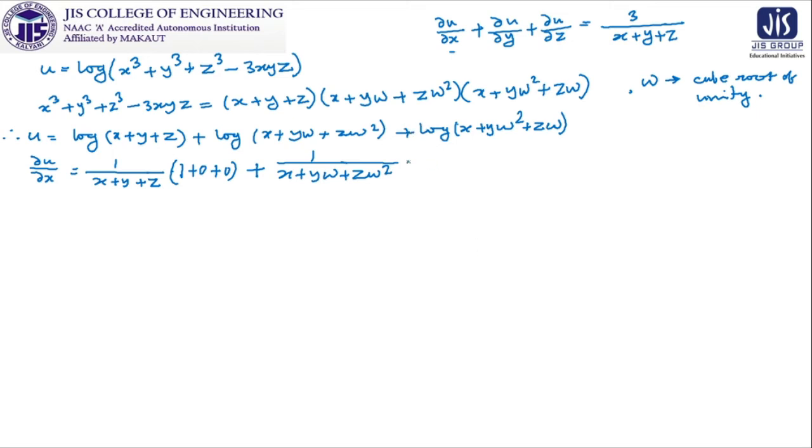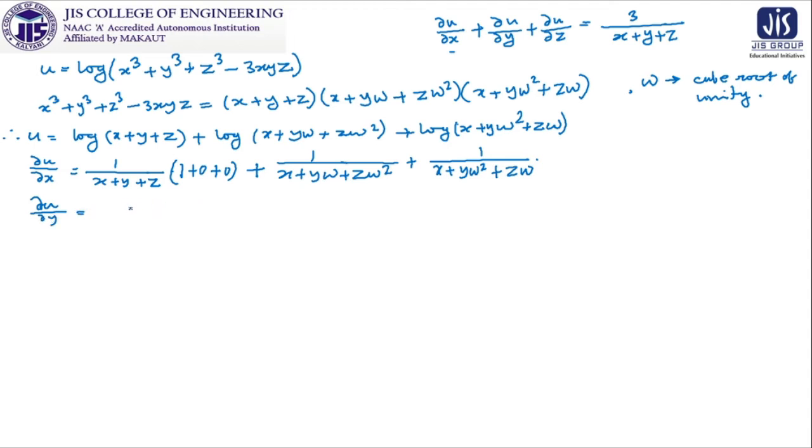And then for the third term you will get similarly 1 by x plus y omega square plus z omega, into 1. Clear?